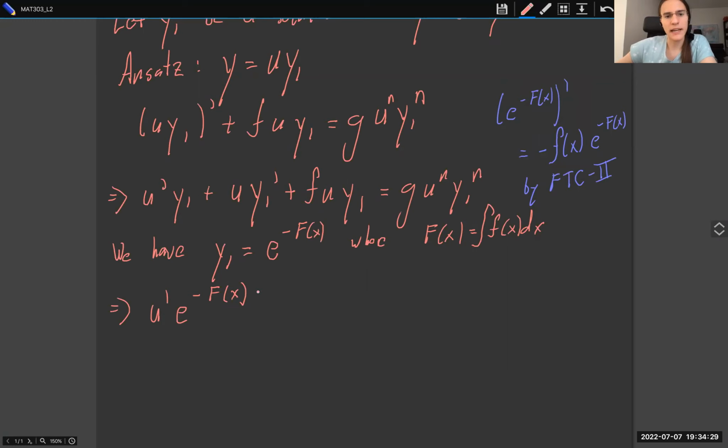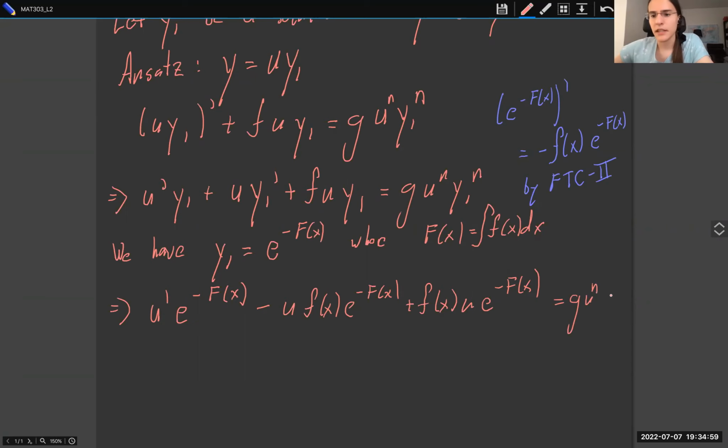So what happens then is that this term right here becomes negative u times f of x e to the negative F of x. And look what we have. The next term is f of x, I guess I'm writing the x's, u times e to the negative F of x, is equal to g u to the n e to the negative n times F of x.